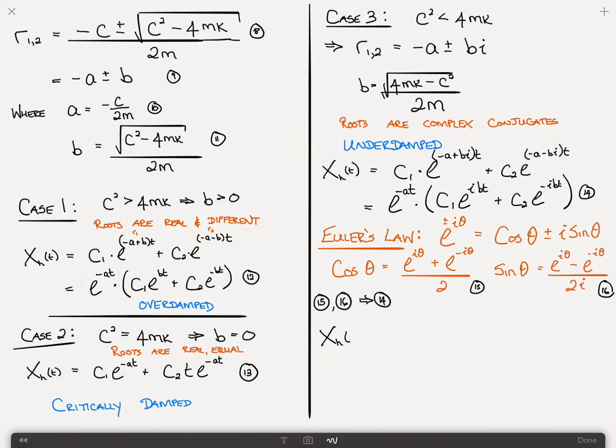We find that x sub h of t can be written as e to the minus at times C1 cosine of bt plus C2 sine of bt.